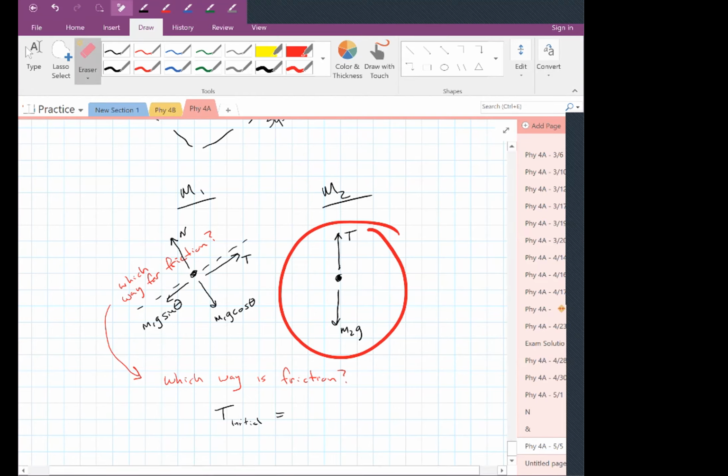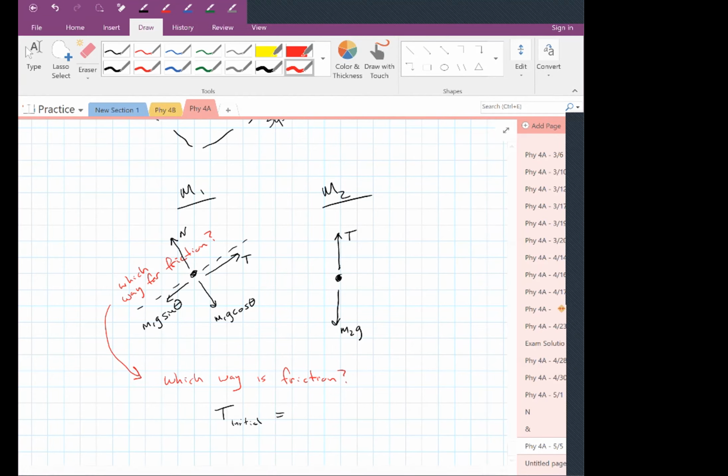M2g, right? The weight of M2, it's holding up M2. If M2 is accelerating, the weight is not going to change, right? So the tension in the string has to change. If M2 is accelerating up, the tension in the string has to be greater than the weight. If M2 is accelerating down, the tension has to be less than the weight. But if we're just holding the system at rest and we're going to let go of it, that initial tension is M2g.